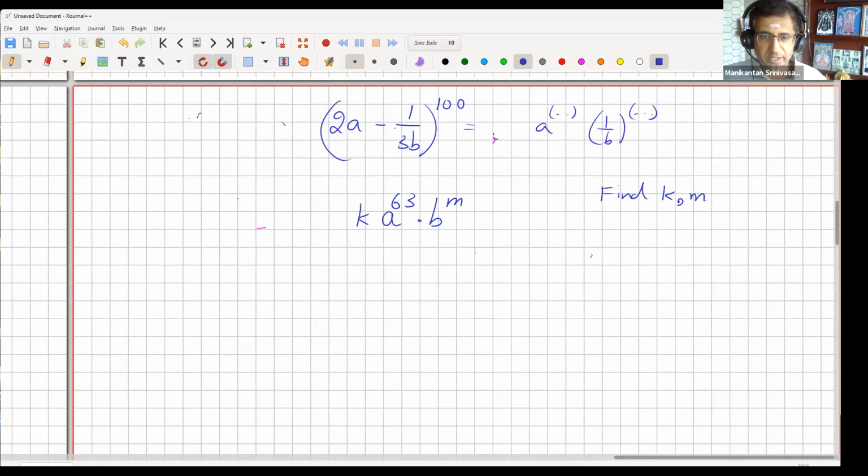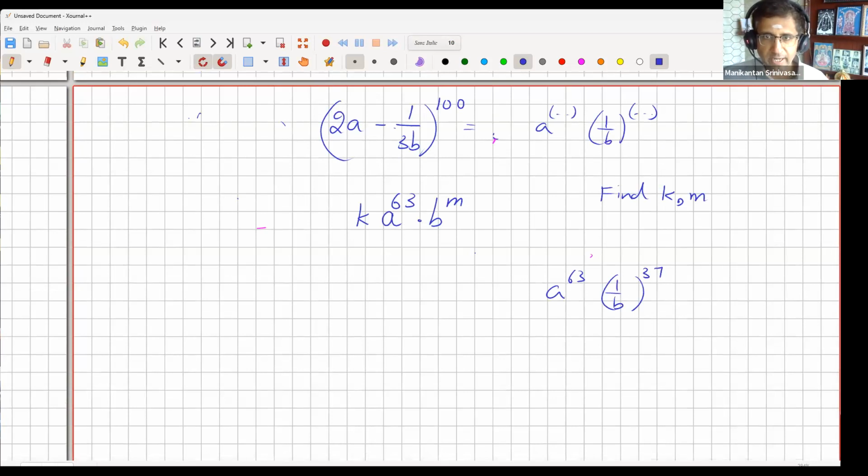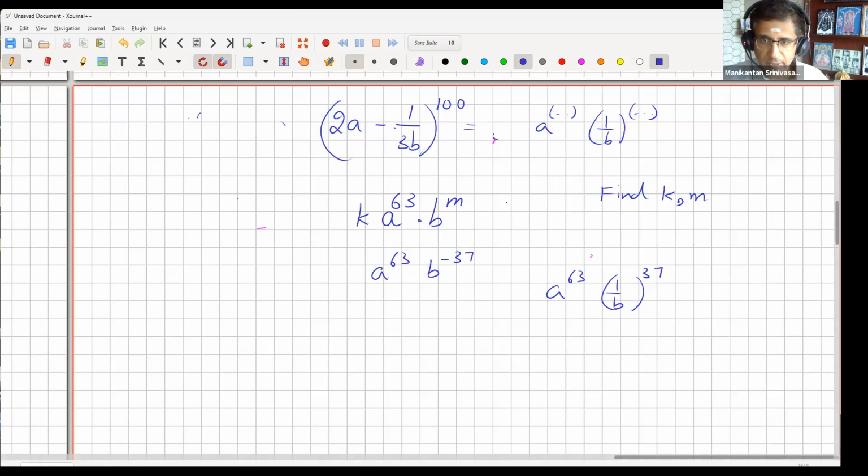So in this case, if it's a power 63, then it must be 1 by b power the balance, which is 37, because the two powers will add up to 100. And therefore, my m is minus 37. So we know that this is a power 63, b power minus 37, or rather 1 by b power 37. But to answer the specific question, it's b power minus 37. So 63 and 37 add up to 100.